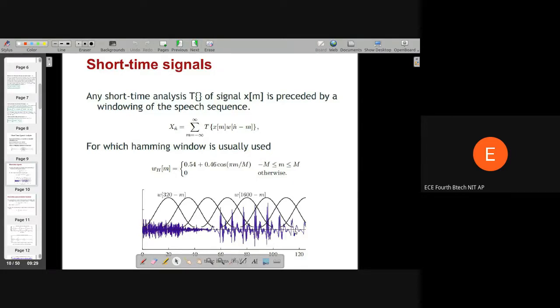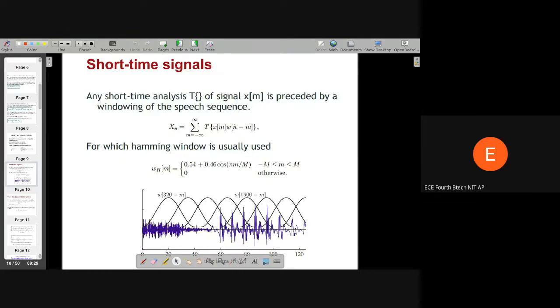We don't want the Fourier spectrum to be influenced by whatever is at the edges of the frame. So we want the center of the frame to be representative of the whole frame. That is the basic goal in the time domain.